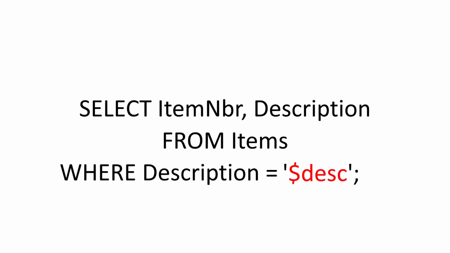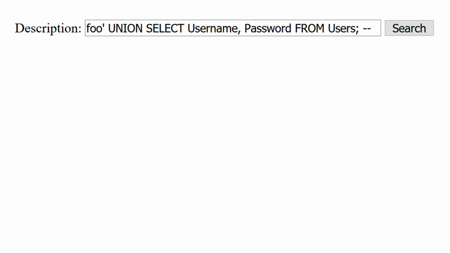Lastly, let's say we have a very simple query that just selects items from the items table where a particular description has been specified. So in this case, we're getting the item number and the description, where description is equal to some value passed in. If we craft a specific input using the union keyword, then in this case, we can join together two SQL queries.